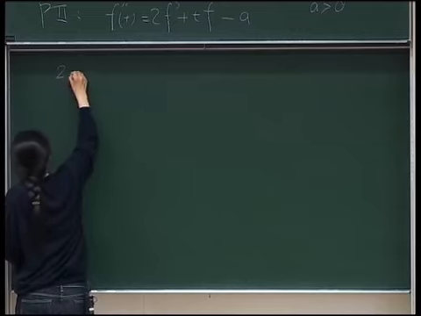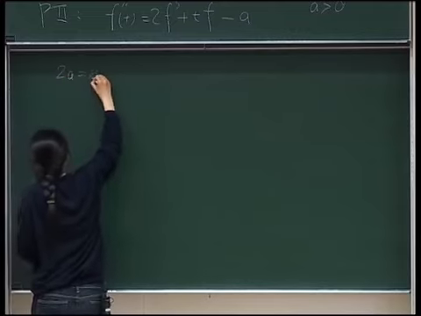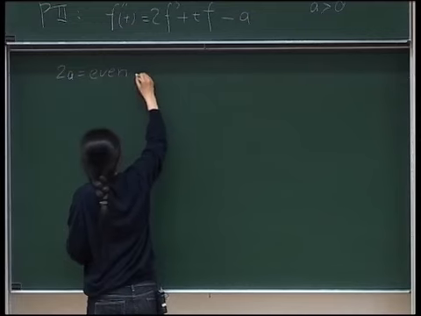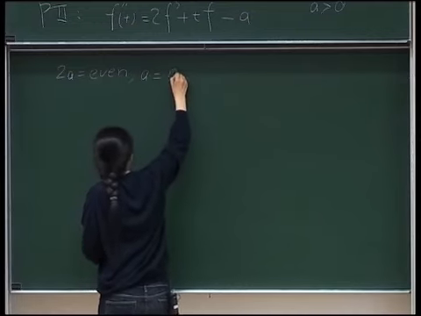So let's look at 2A, which is even. Let's call it, so take A to be an integer.